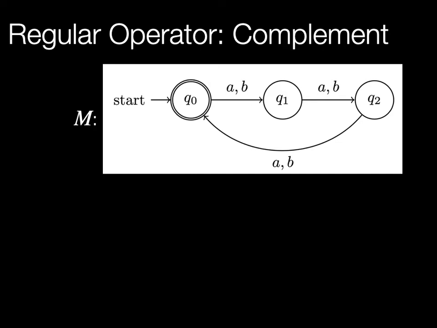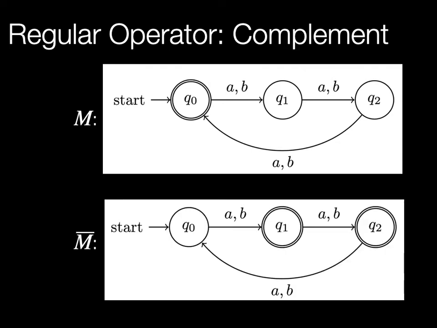Thus, a DFA rejects a word if it stops in a non-final state with no input. So to obtain the complement of M, we just need to make every final state non-final and every non-final state final. We can now use this intuition to give the formal definition of the complement of M.